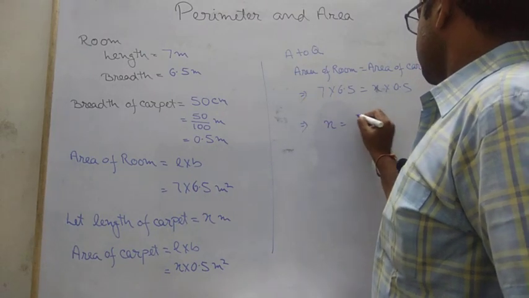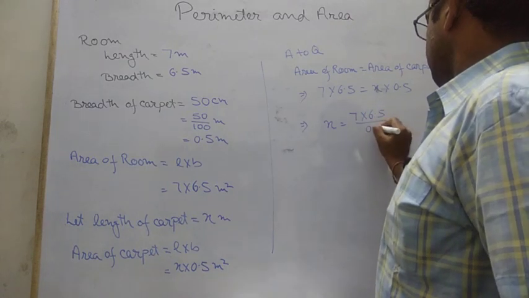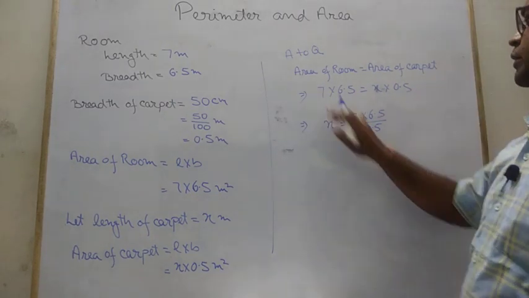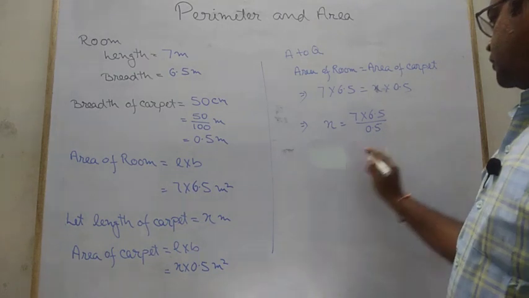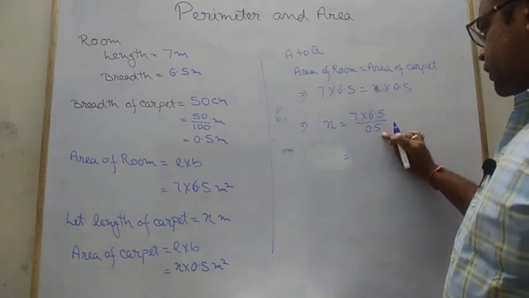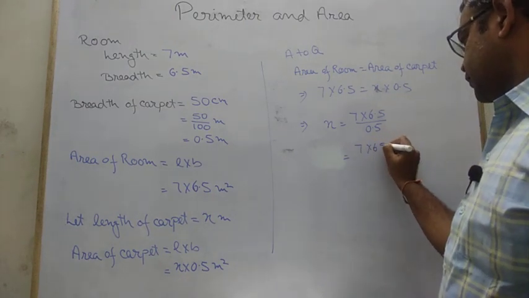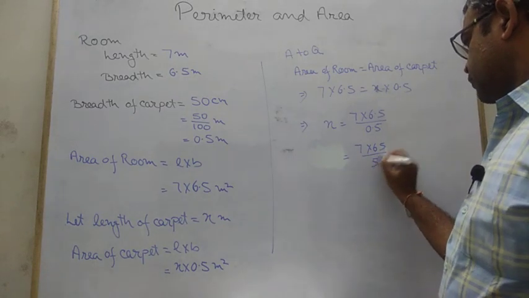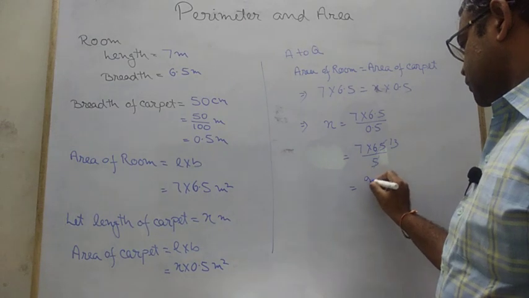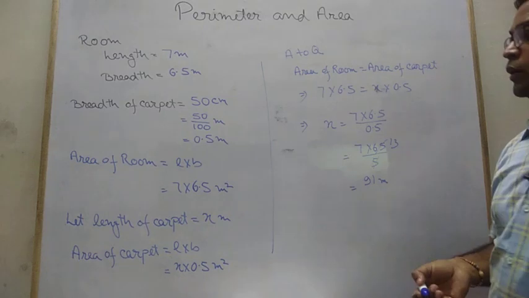Therefore x equals 7 into 6.5 by 0.5. This 0.5 from multiply, when you cross the equal to sign, becomes divide. First remove the decimal, there is one digit after decimal in both, so they cancel each other. So 7 into 65 by 5, 13, so 91 meter. This is the length of the carpet.